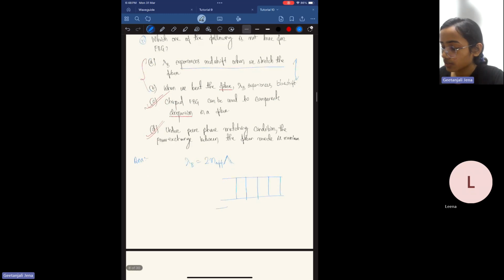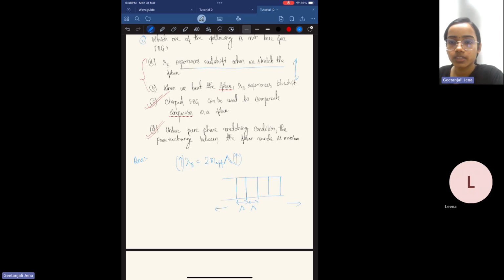Now we are stretching the fiber. So that means whatever period was there will increase, right? So when we stretch the fiber, this value will increase. So that means lambda_B now will increase. Okay. So lambda increasing means we will experience a red shift.